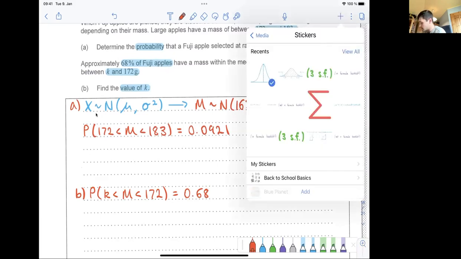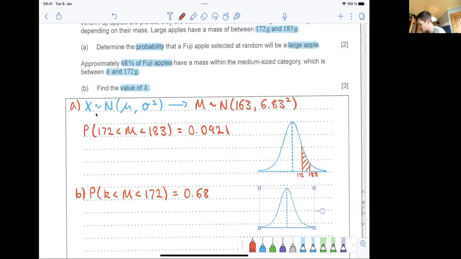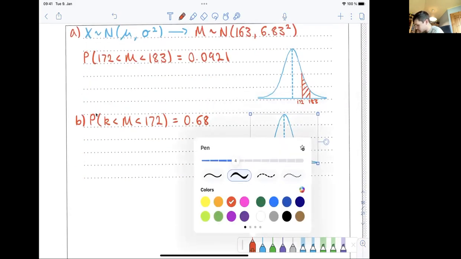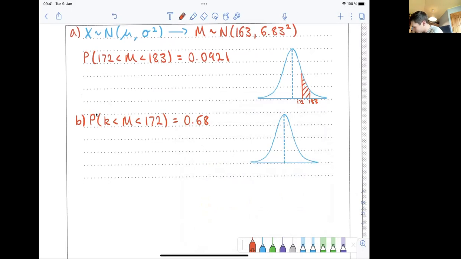If we once again bring in our normal distribution curve and look at this visually, we'll say 172 is roughly this line here, and let's say K is going to sit around here. We are told that this area in here is equal to 0.68.